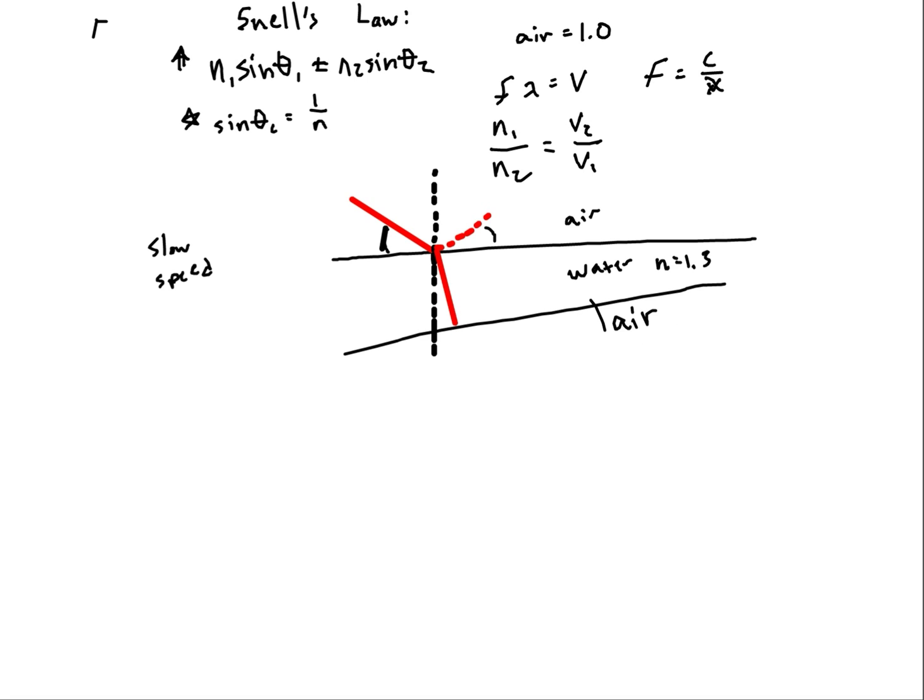Well, you would draw your normal again, coming straight up, coming straight off. And then you would know that your light is going to bend away from the normal because it is speeding back up. And so you could do something like that.